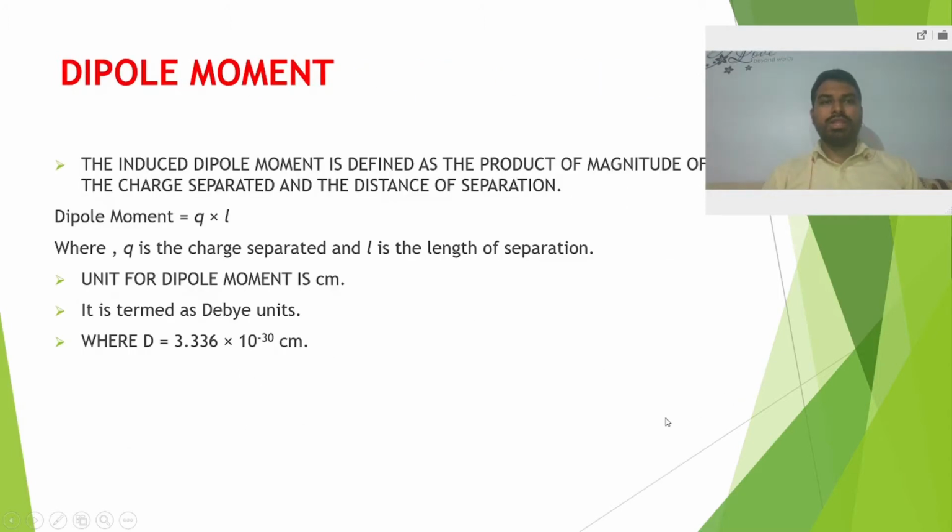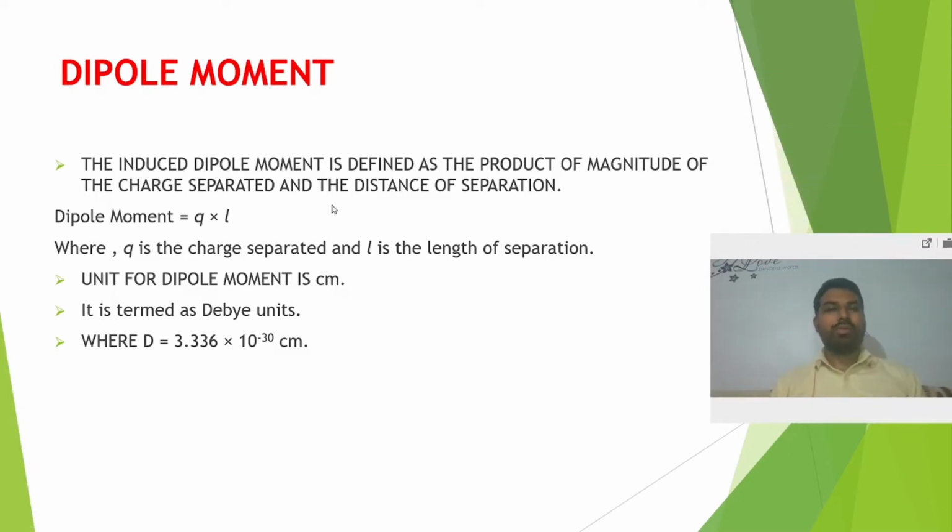Well, this is an interesting term, that is dipole moment. The induced dipole moment is defined as the product of the magnitude of the charge separated and the distance of separation.